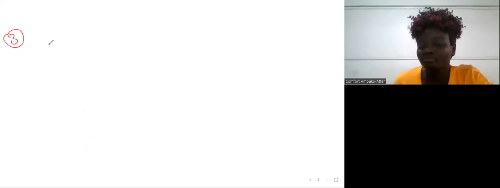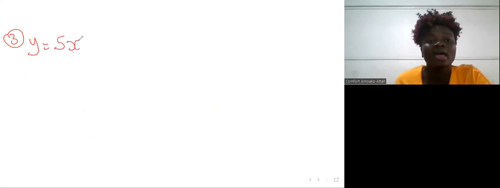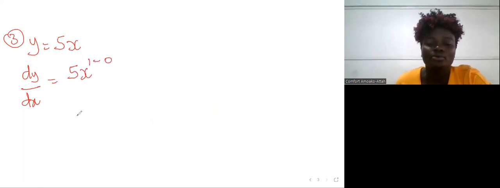Example 3, y equals 5x. How do we differentiate this using the general rule? dy/dx is equal to 5x exponent 1 minus 0.